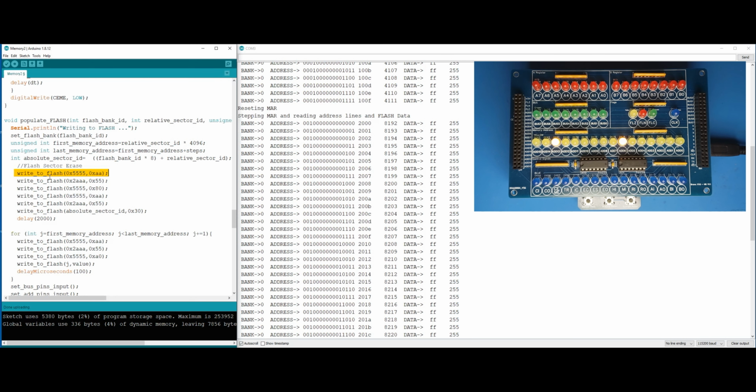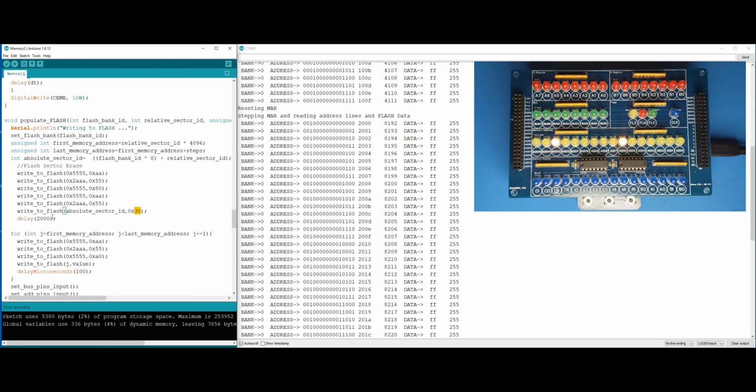Now, we are going to do all the steps back to back, in the sequence indicated in the documentation, with the specific address and value that we need to send. However, in step 6, you see that finally I'm sending the sector ID, which is our absolute sector ID, plus a command of 30, which tells the flash memory to erase that specific sector.